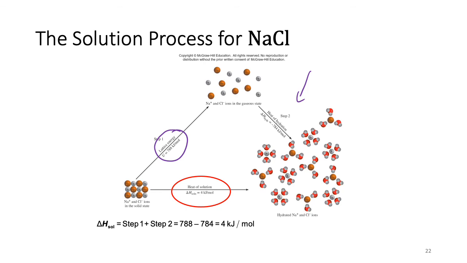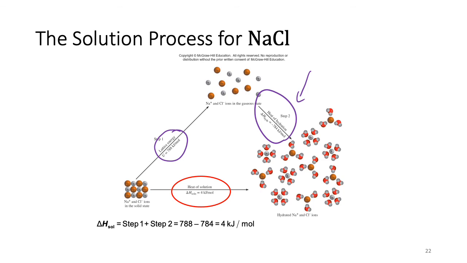I am creating new interactions between particles. Every time you make interactions, you are going to be releasing energy. At the end, you have your lattice energy plus your heat of hydration, and that is going to give you your heat of solution. That is how you tend to approach these kind of problems.